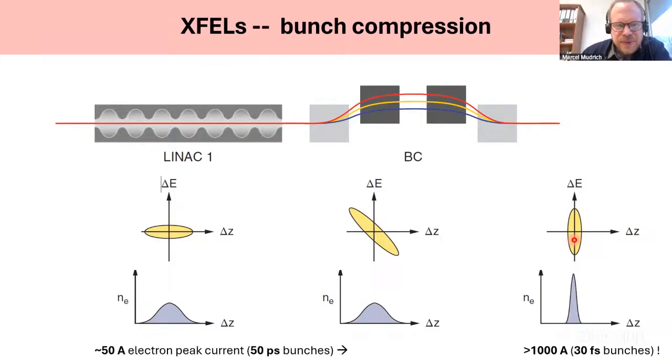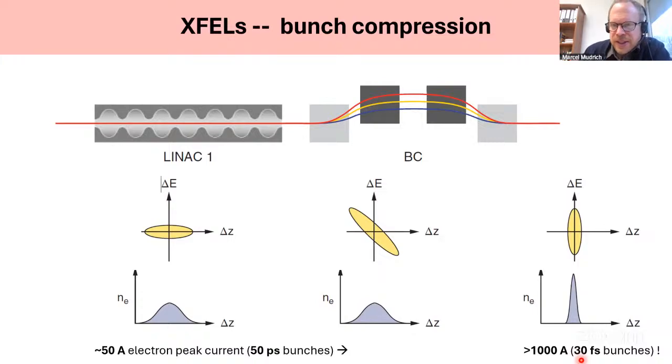In this way, these initial 50 ampere electron peak current bunches, so 50 ampere sounds like a lot of instantaneous current in such an electron bunch, but once these bunches are twisted in phase space, the peak current rises to about a kiloamp, and the bunch duration along the beam is reduced to roughly 30 femtoseconds.